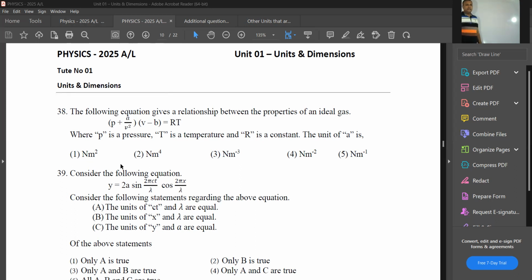Okay, look at this equation. Yes, answer number 2. Look at this equation.